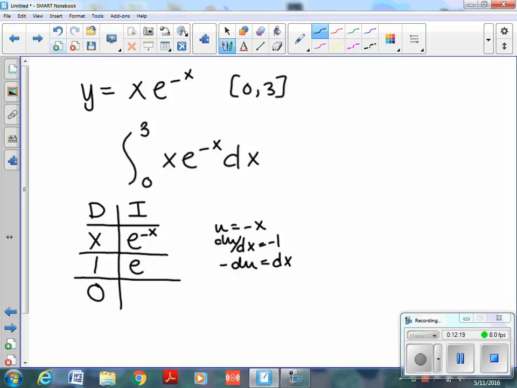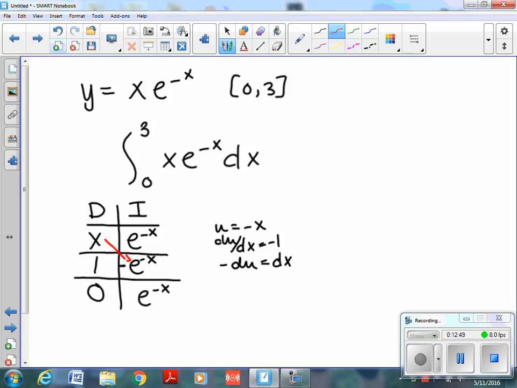I'm going to replace my u with a negative x, but I'm going to replace my dx with a negative du, so there's going to be a negative sign out in front. I'm going to do the same thing with this one, but when you do it, it's going to end up being e to the negative x. And when you do all this again, you're going to find out that the negative changes to a positive. And I'm done.